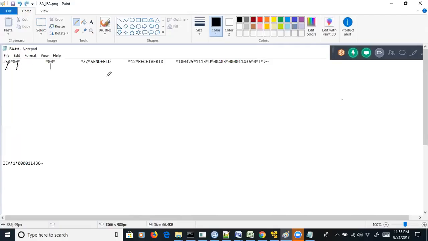Okay, so as I explained to you, the first element in any EDI segment is your segment identifier or segment tag. Here, this is your interchange envelope header, the ISA header.